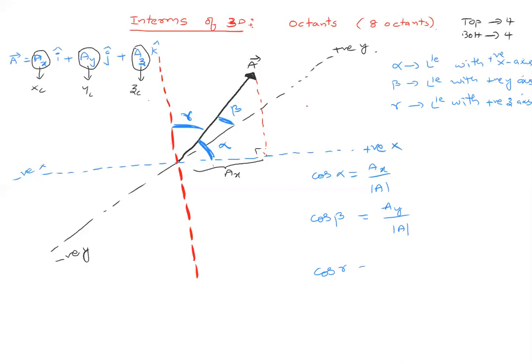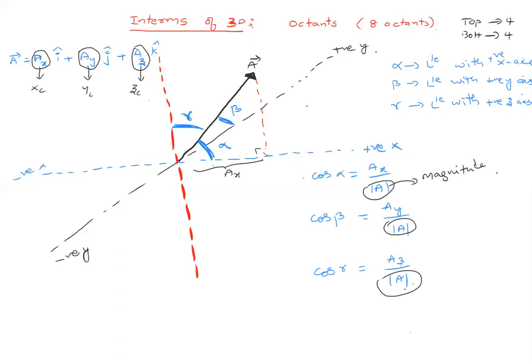Cos gamma, you will get az by mod a. Here mod a is representing nothing but the length of the hypotenuse. This is your magnitude. All these mod a's are representing magnitudes.